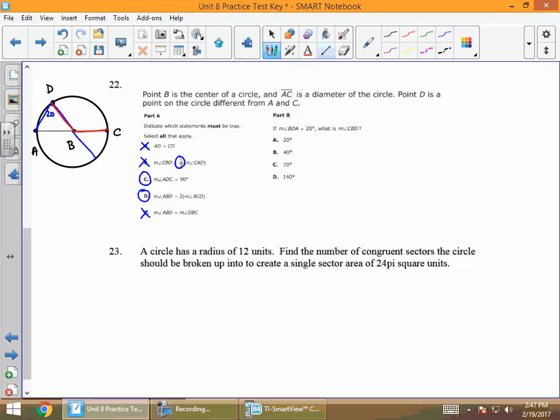Well, ADB, if it is 20 degrees, then this arc, and I'll call this, I don't know, point Y, from A around to Y has to be twice the inscribed angle, so it'll be 40. And then the rest of it will make up 180 because it's a semicircle. I know this doesn't look very good because my angles are not drawn to scale. But if this is 40 and the rest of it has to add up to 180, that means this has to be 140, because that'll give me the 180 that I need.